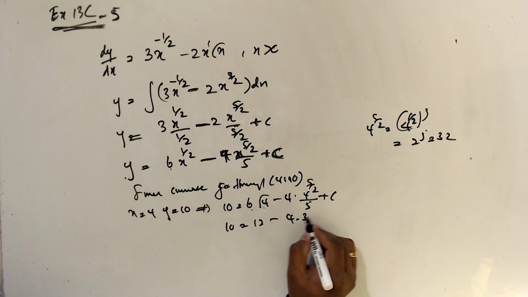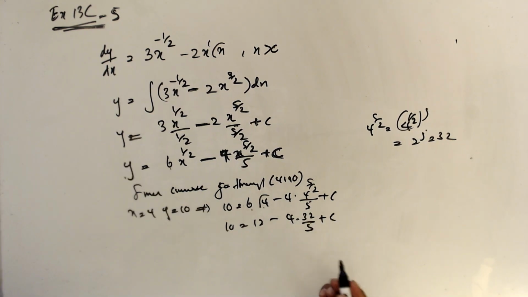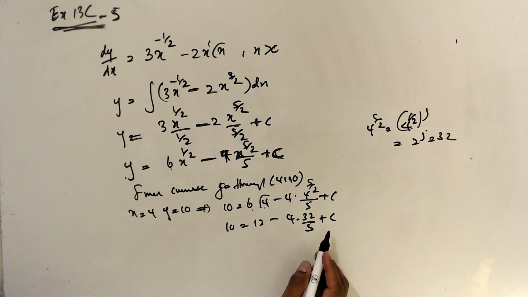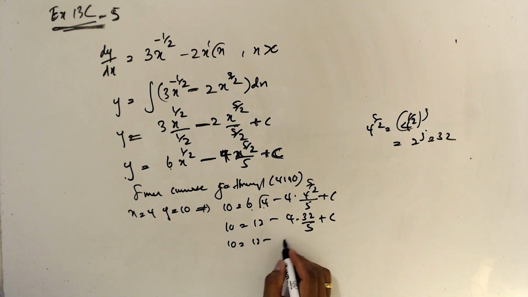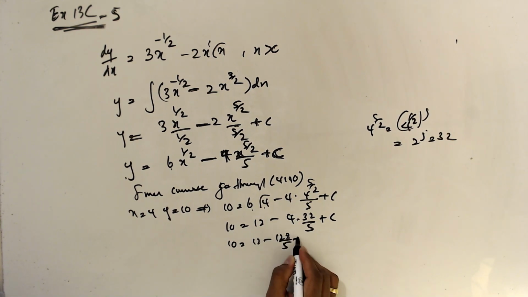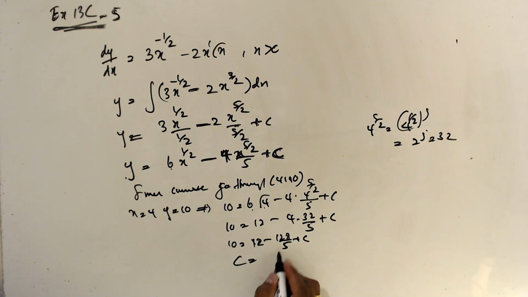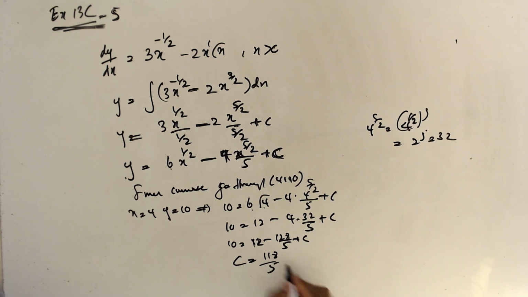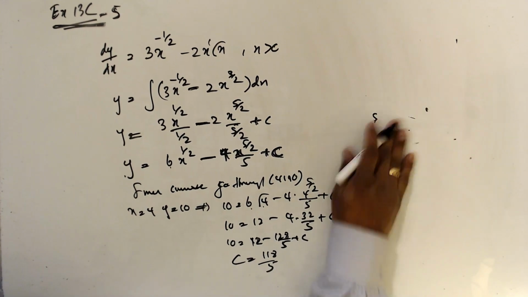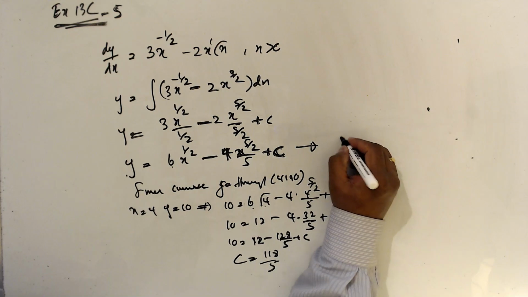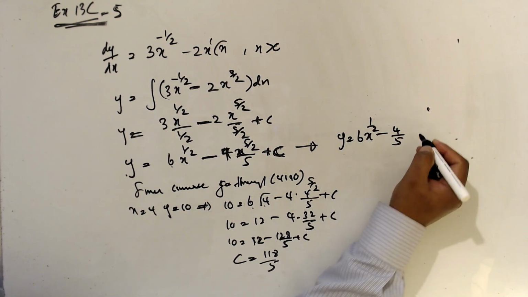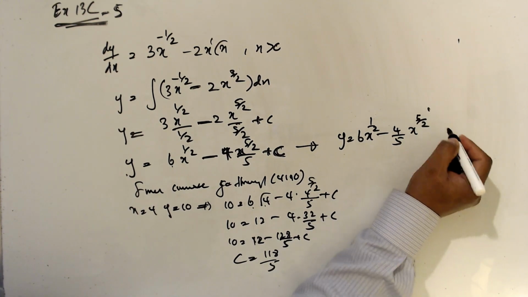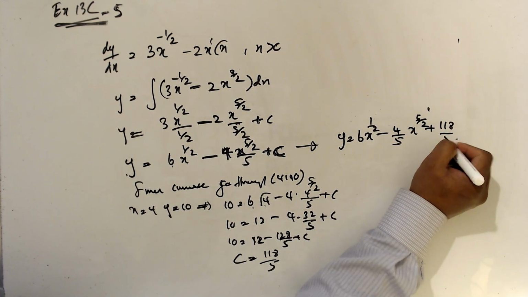So 4 times 32 over 5 plus c. So 10 equals 128 over 5 plus c. So c equals 118 over 5. So the curve is going to be y equals 6x half, 4 over 5 x to the 5 over 2 plus 118 over 5.